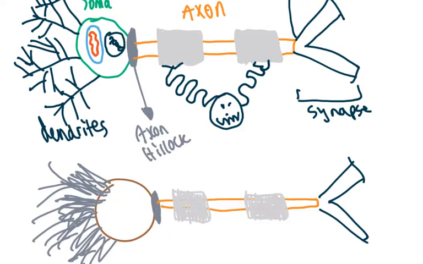So it could also latch on to this neuron and produce myelin for that part of the axon for this neuron and this part.